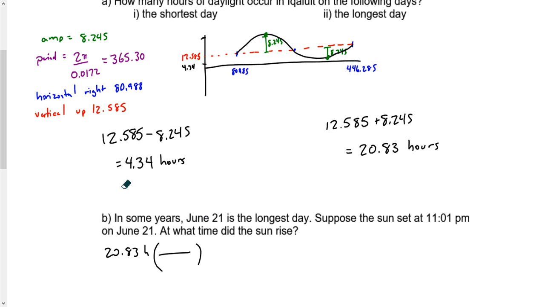Actually, we don't need the 20 part. Let's just find out how many minutes is 0.83 of an hour. So 1 hour is 60 minutes. 49.8, which is roughly 50 minutes. So it'll be 20 hours 50 minutes before this.